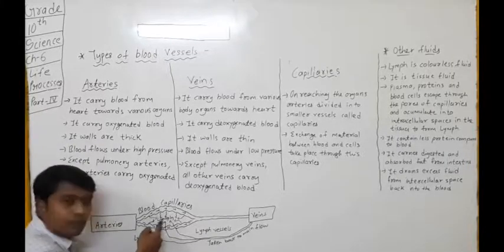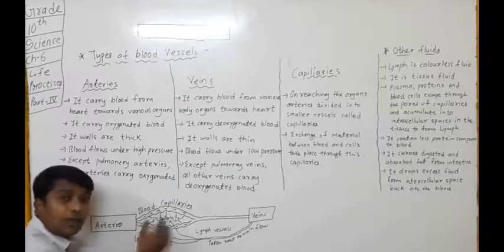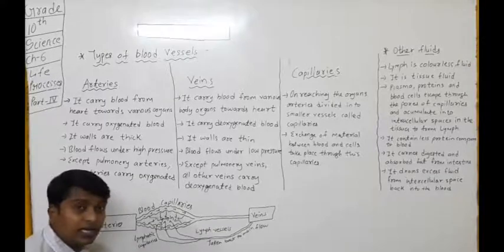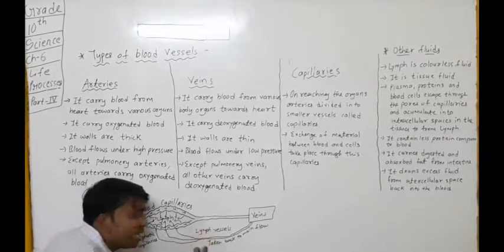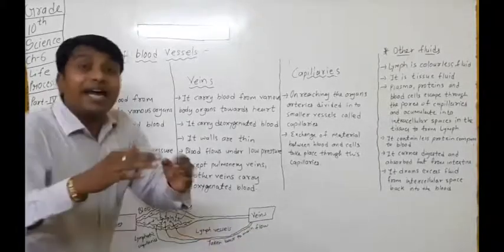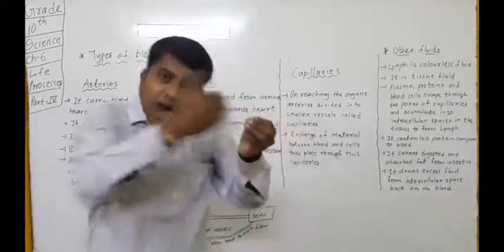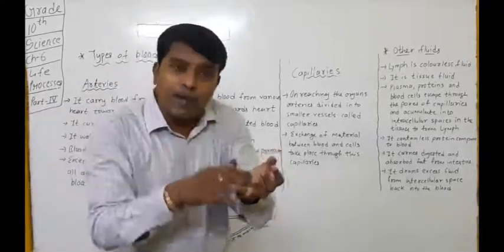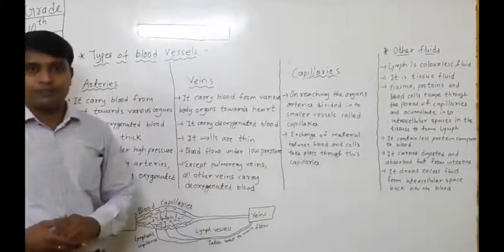Now this lymph is taken into the lymphatic capillaries. These lymphatic capillaries join together to form lymph vessels, and this lymph vessel finally gets back into the veins. That is, whatever blood protein by accident or by default came out of the blood capillaries and accumulated in the intercellular space is taken back to the veins by the lymphatic system.